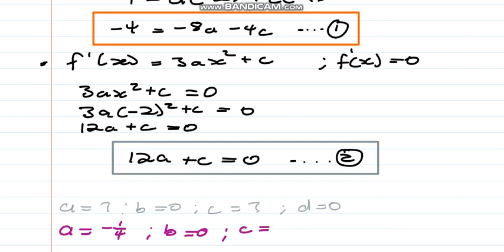Our c is 3, and our d is 0, not necessarily asked once again. Okay, cool. I'm not going to do it for you. Please just try it, because I just want to see if you are actually watching the videos properly and actually doing the work.